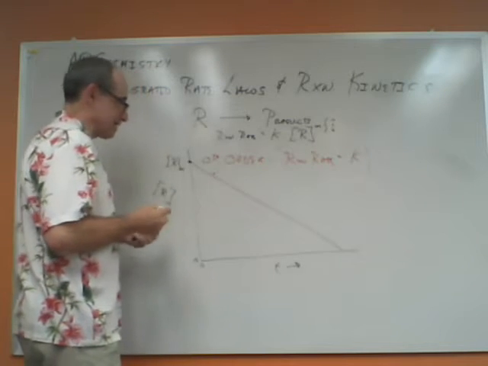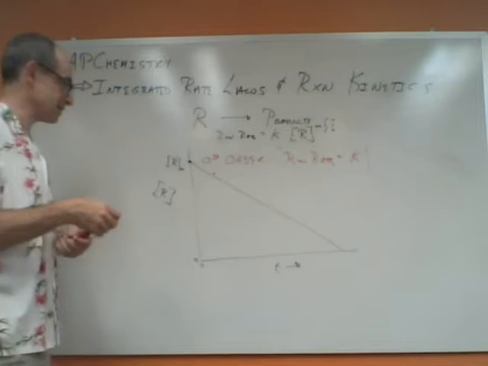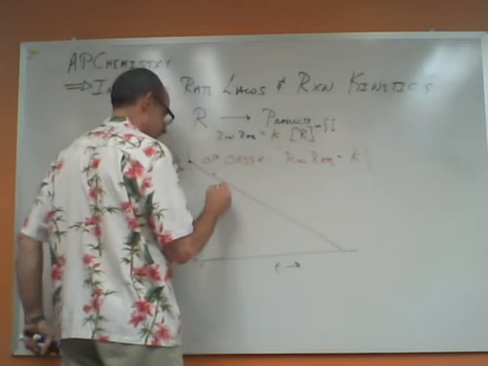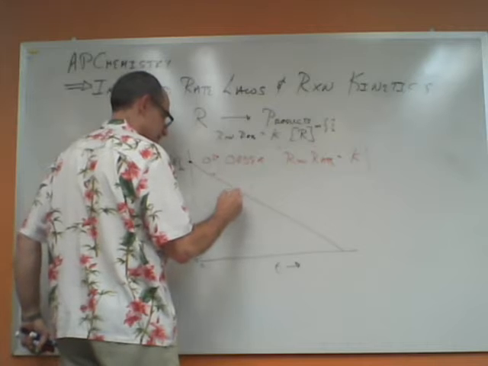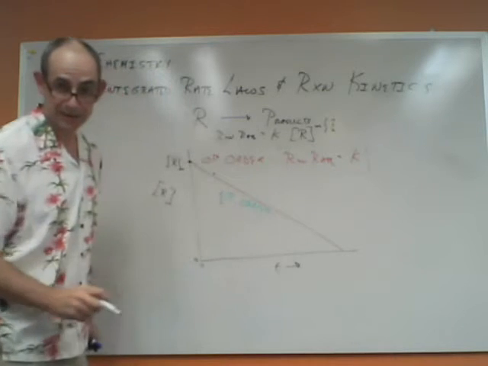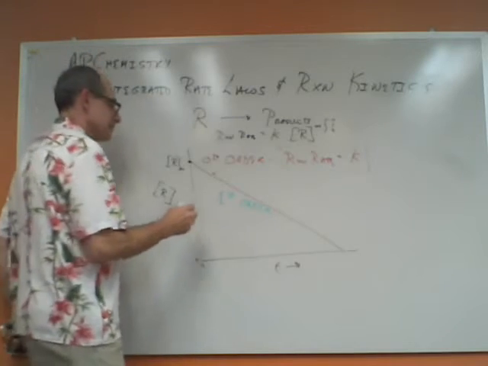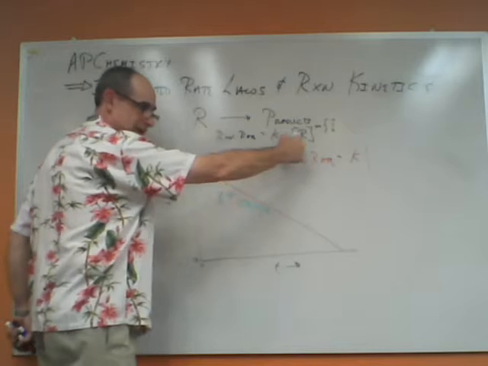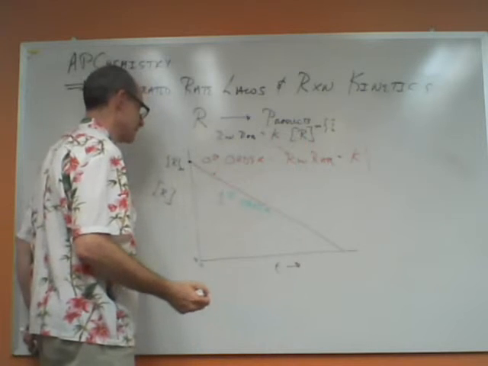More common, or slightly more challenging, is what happens if we have a first order reaction for m equals 1. So this will be a first order, and I hope you can see that in green. This tells us that the reaction rate will be proportional to the concentration of our reactant.